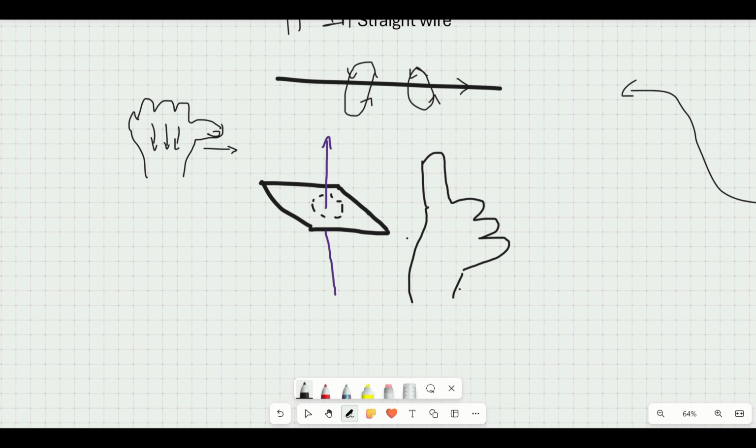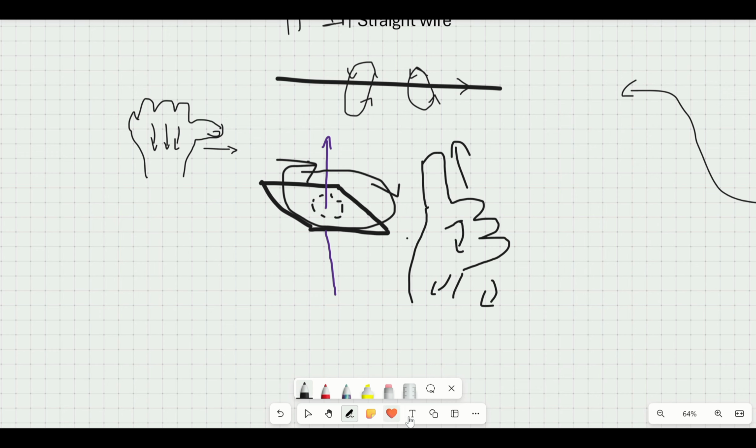So we will see that this is the direction of current, and our fingers are making a curve in this way. So we will know that the current is flowing like this. This is the direction of current.